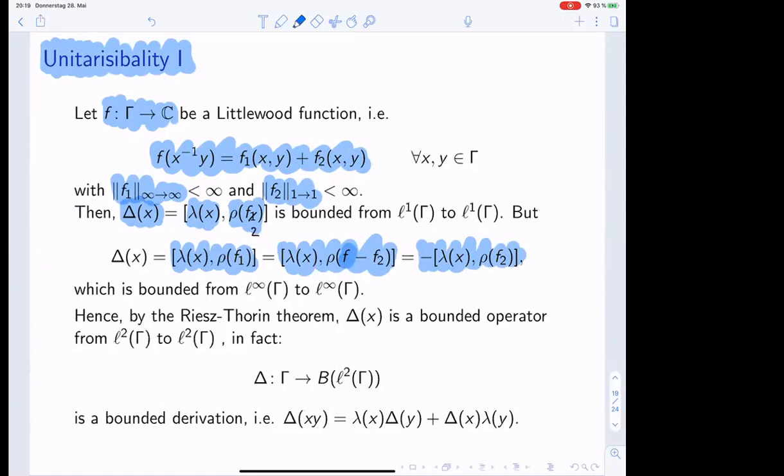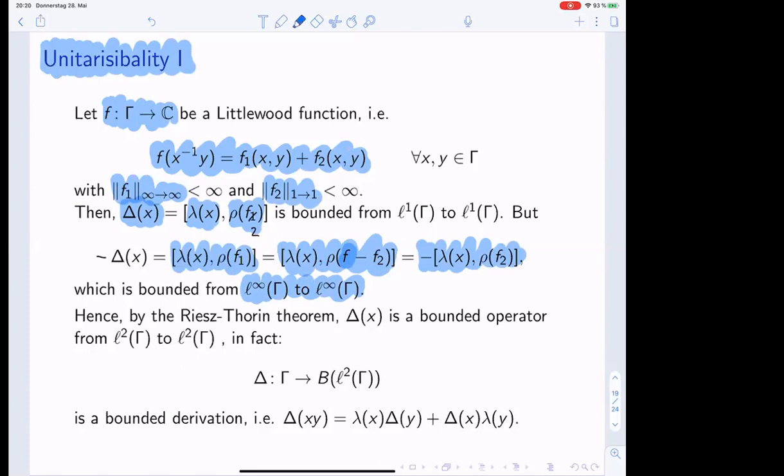And knowing that, you see that the same operator that we studied, this delta x, is now also bounded from L-infinity to L-infinity. Since I changed the definition of delta, there now must be a minus here, but it doesn't change the argument. So you get operators which are bounded from L1 to L1 and from L-infinity to L-infinity.